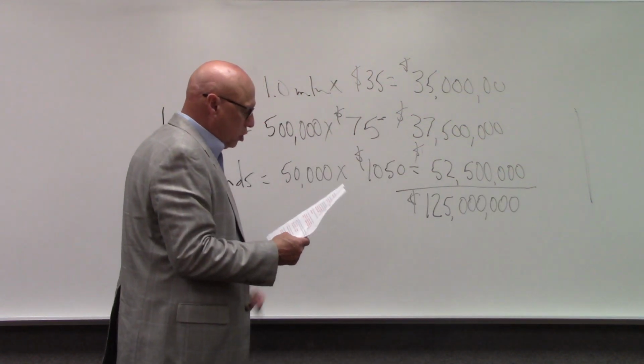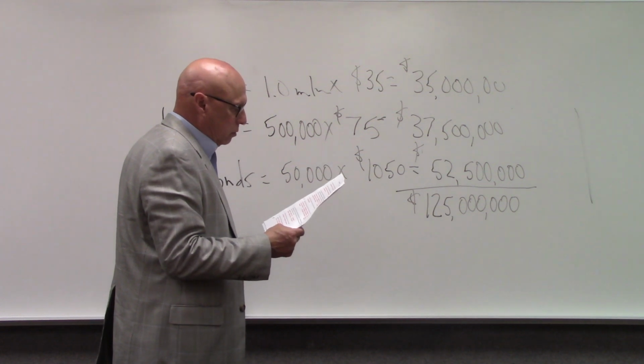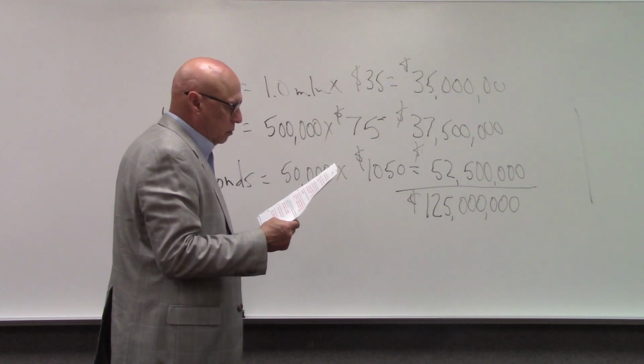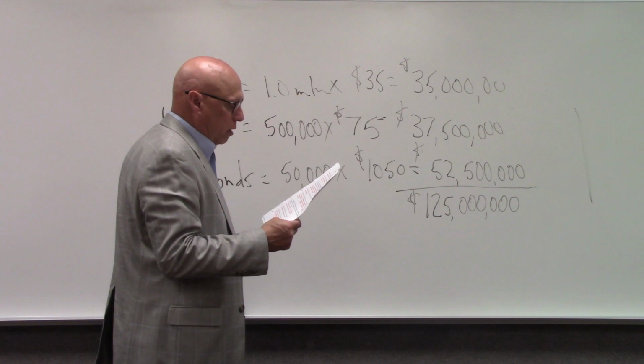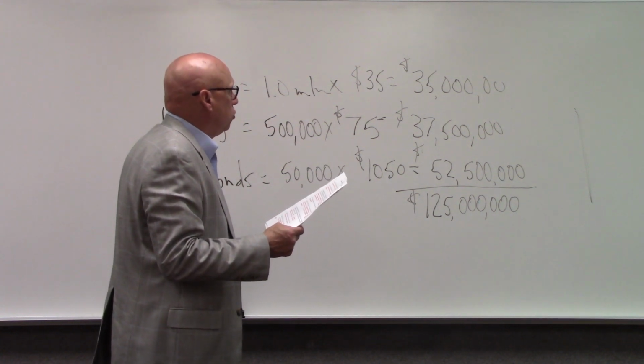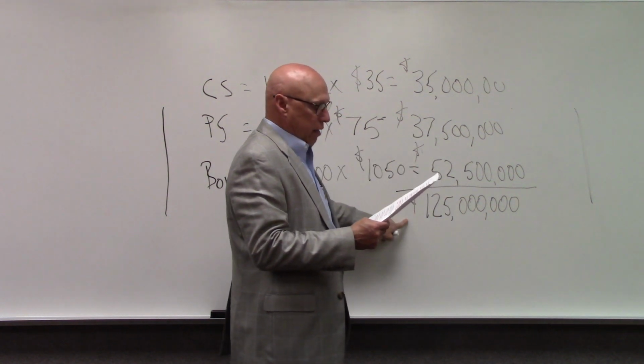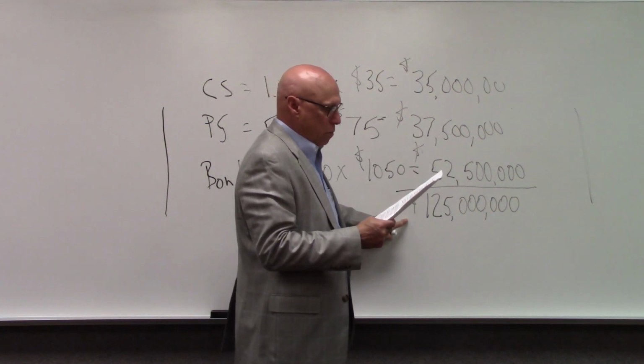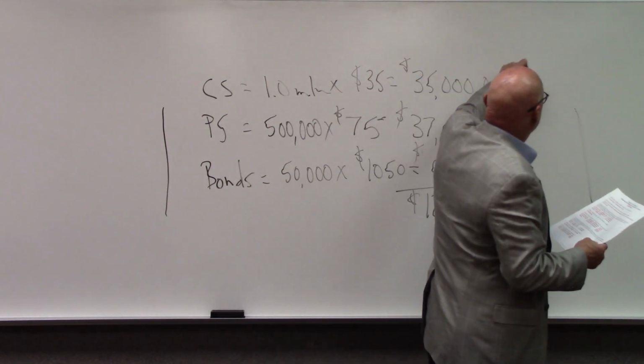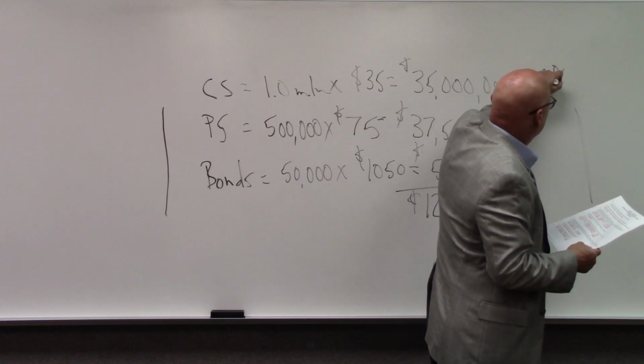What percentage of the total market value of the capital is each form of capital? So, 35 million divided into 125 million is 28%.